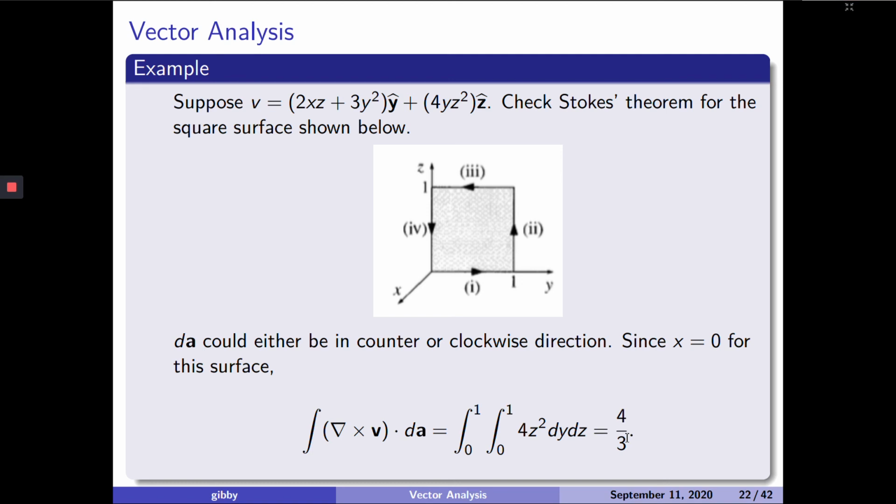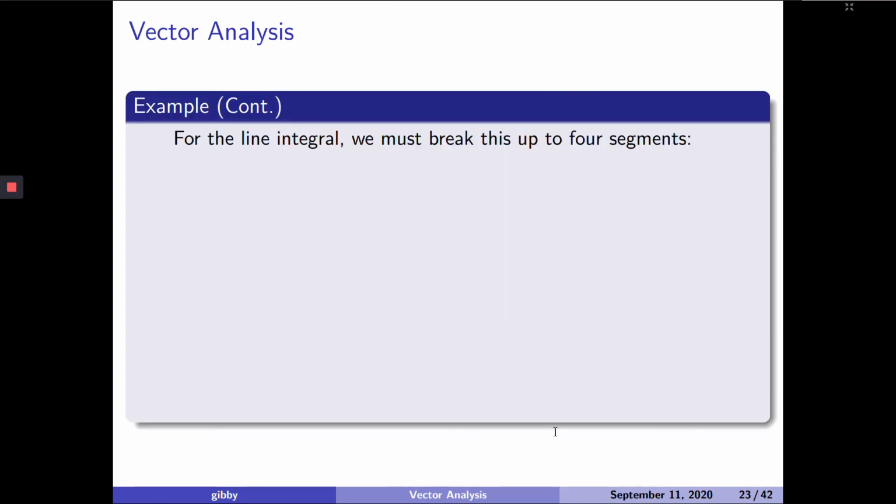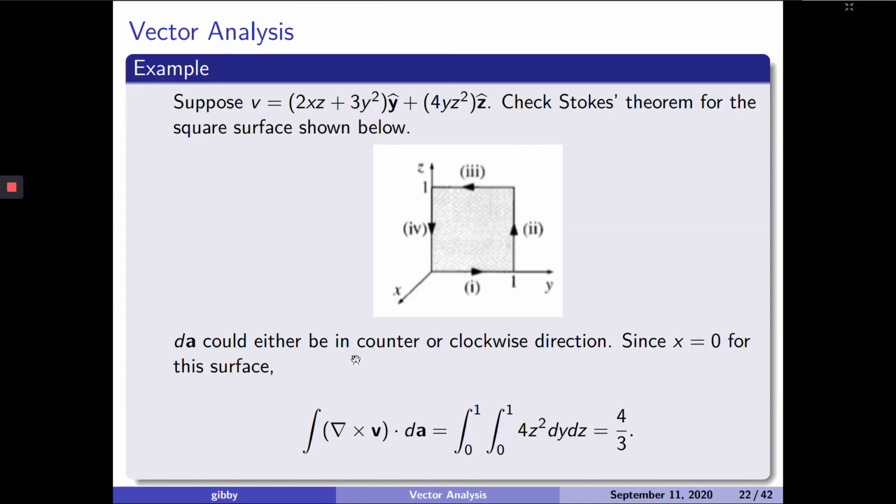The vector function is given by this, and dA is given by this, so it's just dy dz. Then you get the curl using the basket method. You get some answer here, then substitute x equals 0, so you get this. Okay, that's for the left hand side.